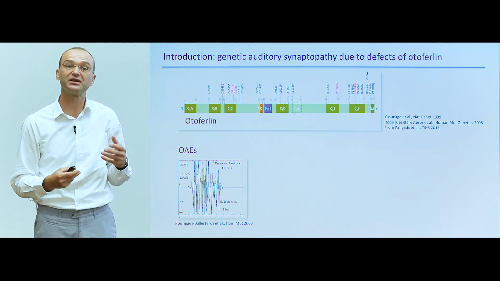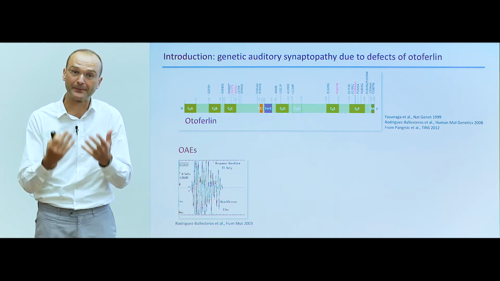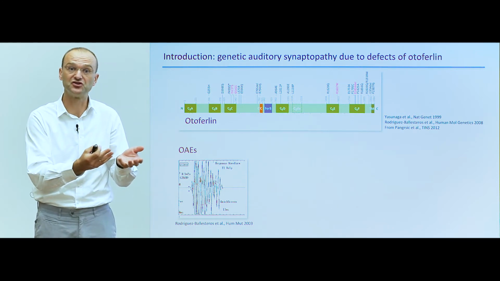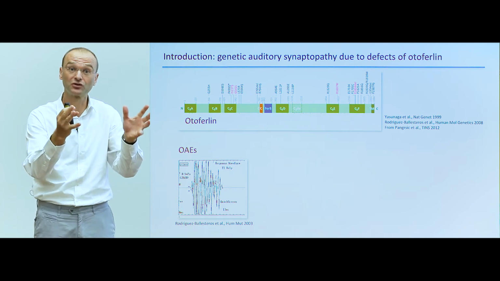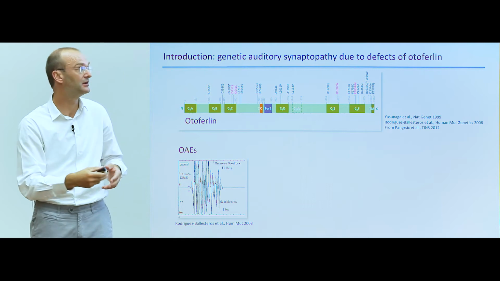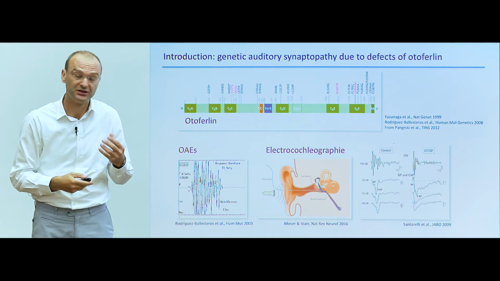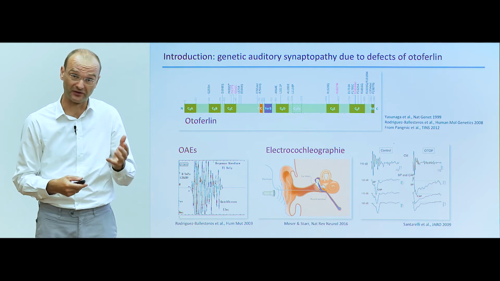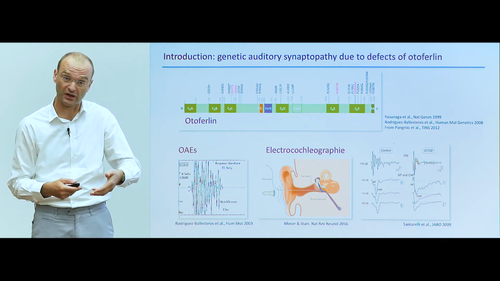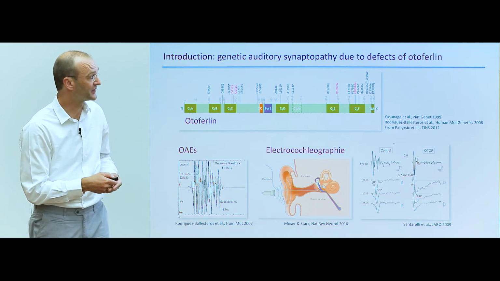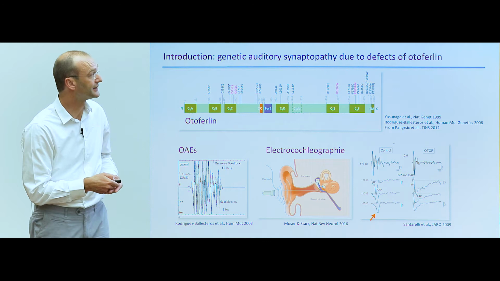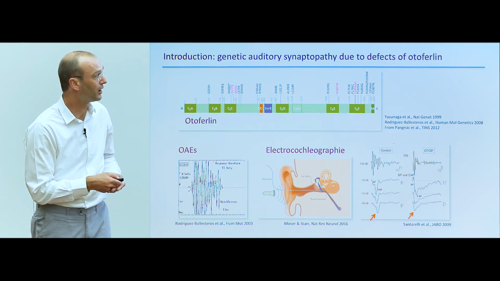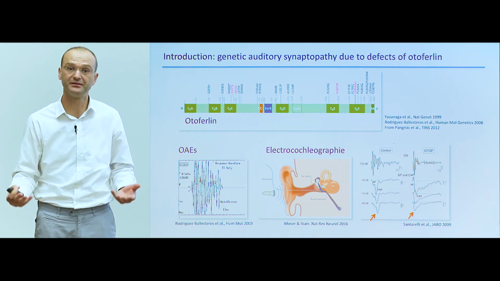This is important because this indicates that we could perhaps replace the disrupted otoferlin gene via gene therapy and place it into hair cells that are embedded in an intact cochlea to restore hearing. What results, though, is that there is no transmission or very little transmission of signal across the synapse. And so, as a result, the compound action potential that you see here in a normal hearing human is gone in the patient with an otoferlin synaptopathy.